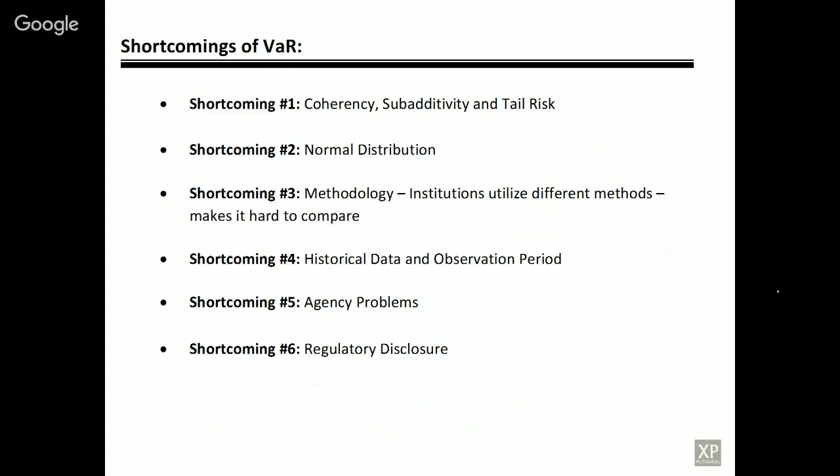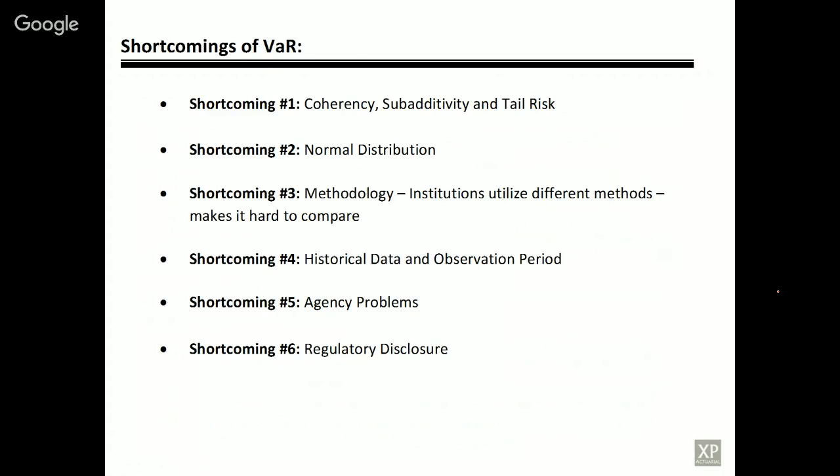Shortcoming 5, agency problems. VAR has weaknesses, and if a trader can exploit those weaknesses, they can take advantage of VAR. Think of credit default swaps. Here, you're selling a product for a small premium, and you're shoving risk way into the tail. A VAR model would not pick up on that risk, but you're going to be able to generate all these premiums and returns. That was kind of the problem with the financial collapse.